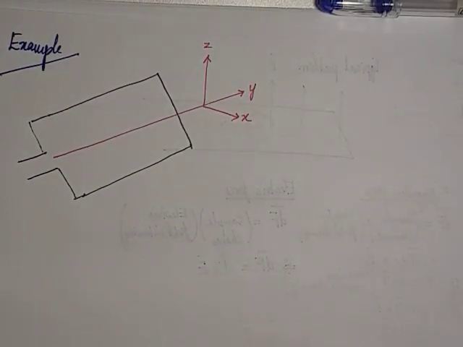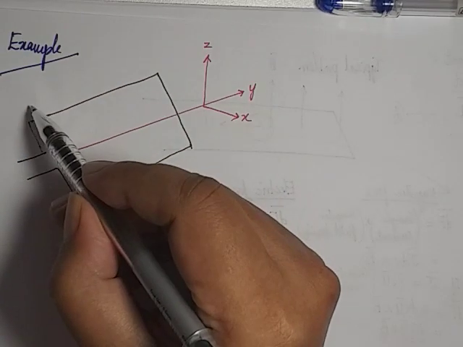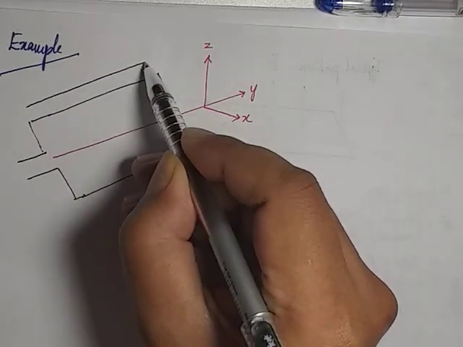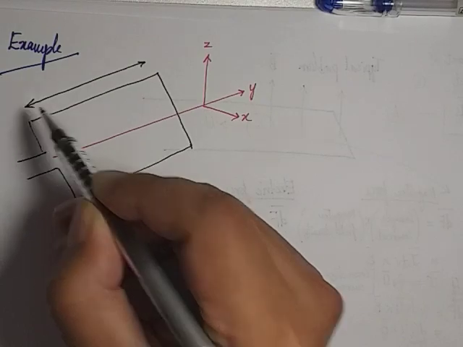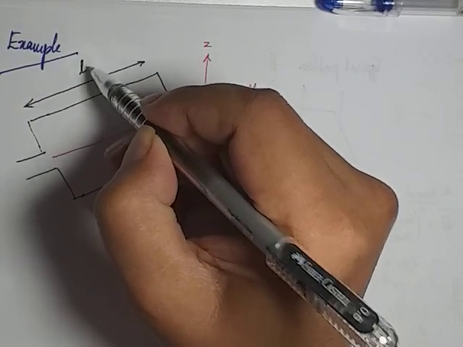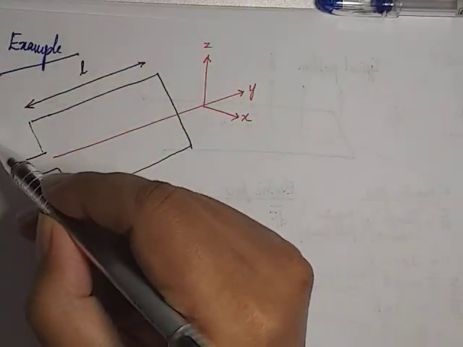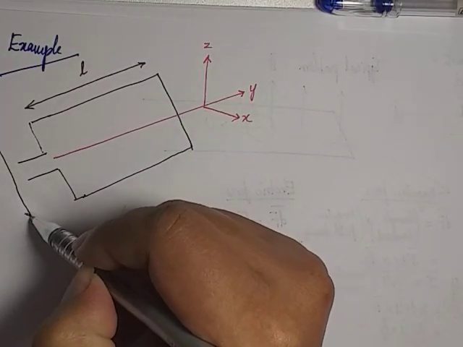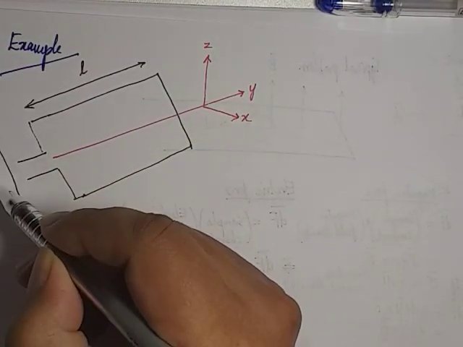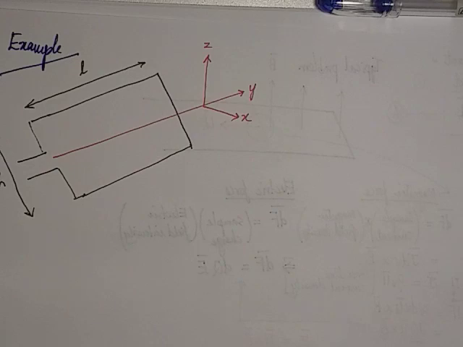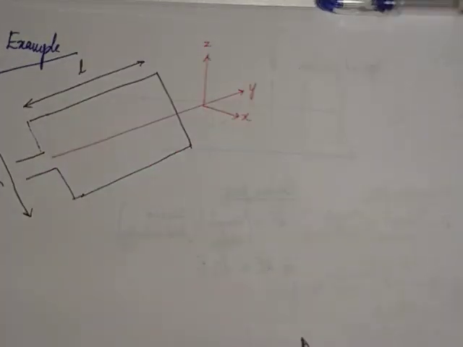Okay, let's give dimensions. Let's say the length of this particular structure is L, whereby the width is H. The black line is the conductor.